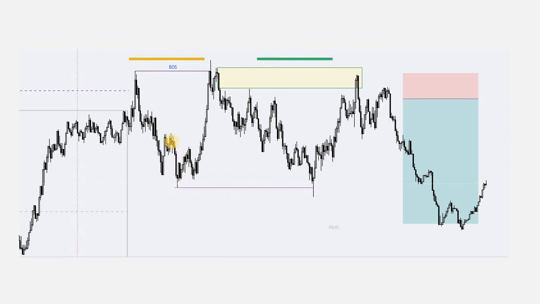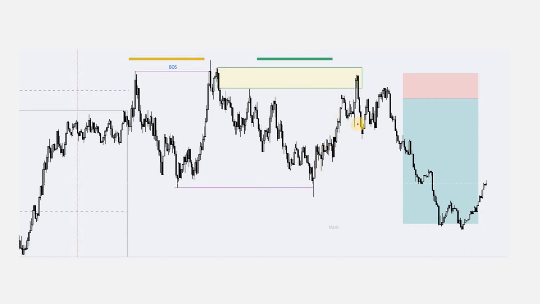Price ended up trading below this low, and immediately we now know that we are in a bearish scenario. We are now in a bearish environment. So what we now start doing is to look at how price will trade to this point of interest that was identified.